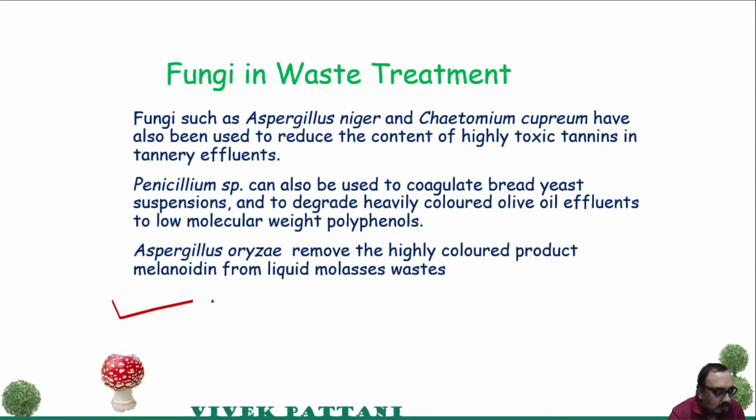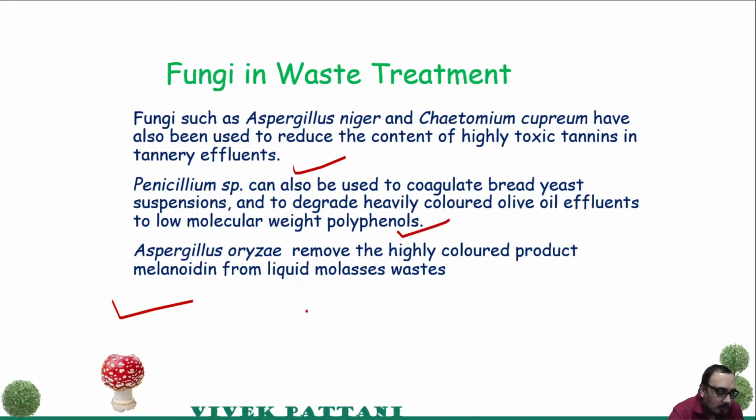Now fungi in wastewater treatment: fungi such as Aspergillus niger have been used to reduce highly toxic tannins in tannery effluents, and Penicillium can be used to coagulate bread yeast suspensions and degrade heavily colored olive oil effluents to low molecular weight polyphenols.